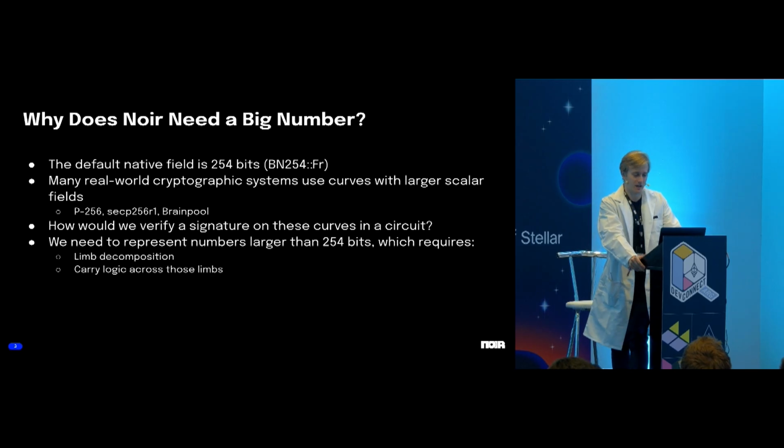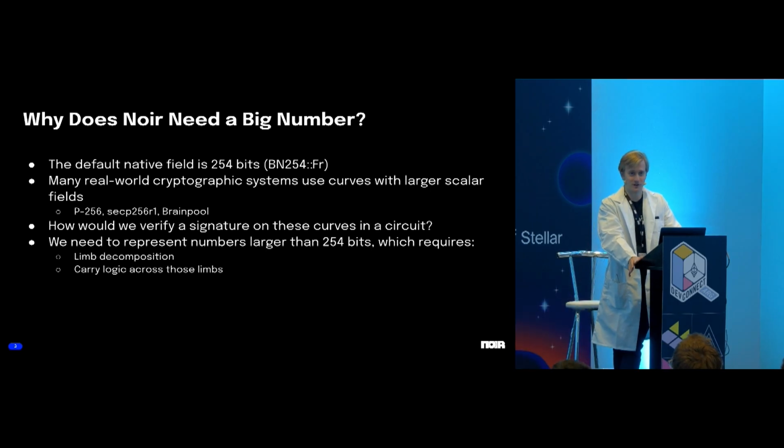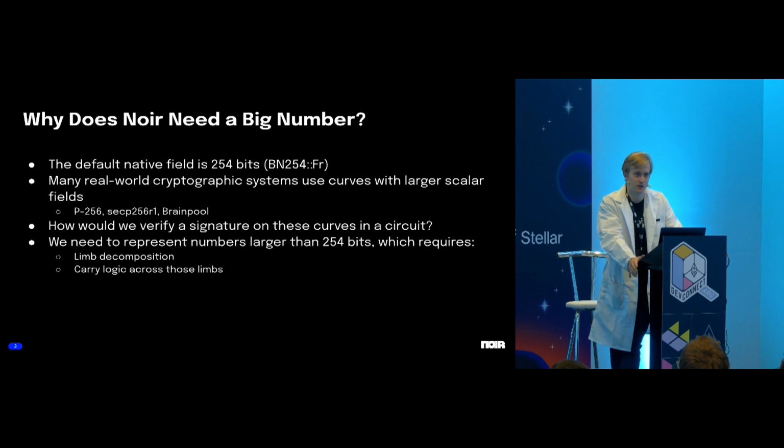As I just went into, not just in ZK Passport, but in general, lots of different cryptographic systems in the real world use larger scalar fields. So we have to ask the question, how would I actually verify a signature on one of these curves in a zero-knowledge circuit?